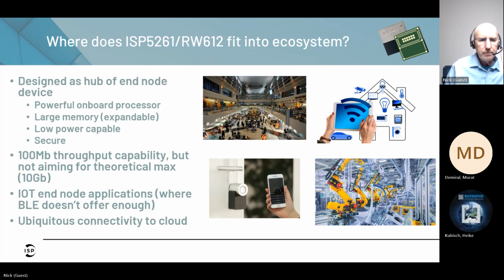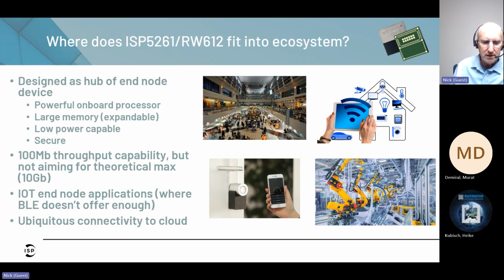So, where does this fit into the ecosystem? It's basically designed as the hub of an end node. So you want somewhere you want to use the onboard processor, somewhere you want to use the large memory, something that can be capable of low power, perhaps not necessarily, and secure.